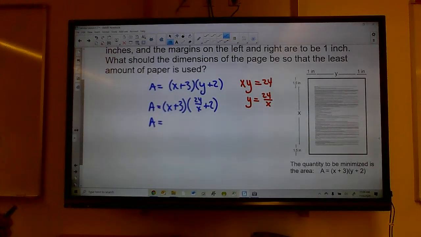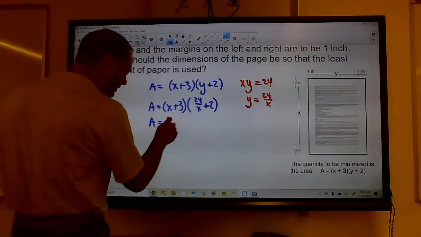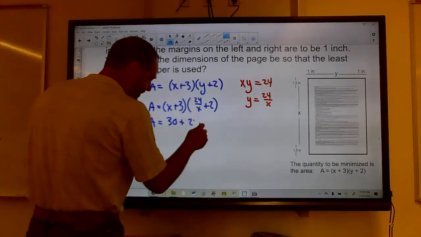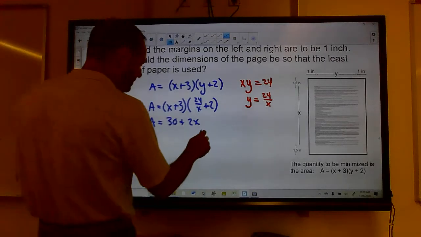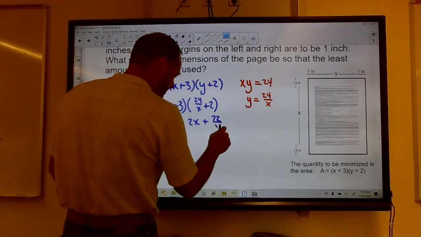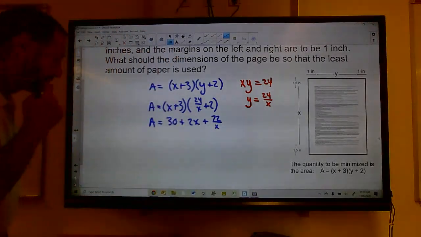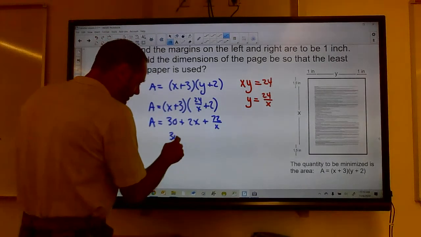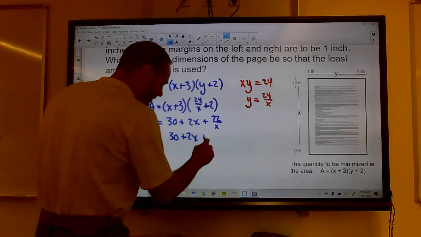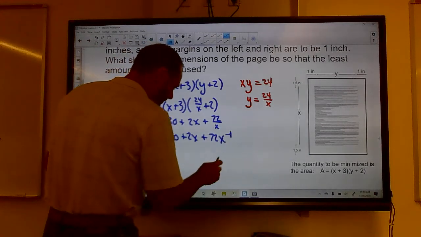And this comes out to be 30 plus 2x plus 72 over x, which I'm going to go ahead and write as 30 plus 2x plus 72x to the negative 1 power.